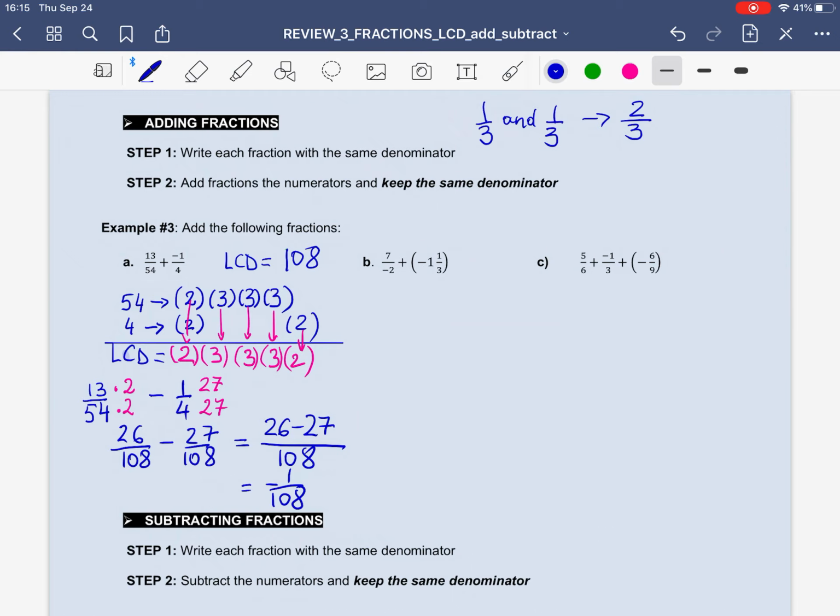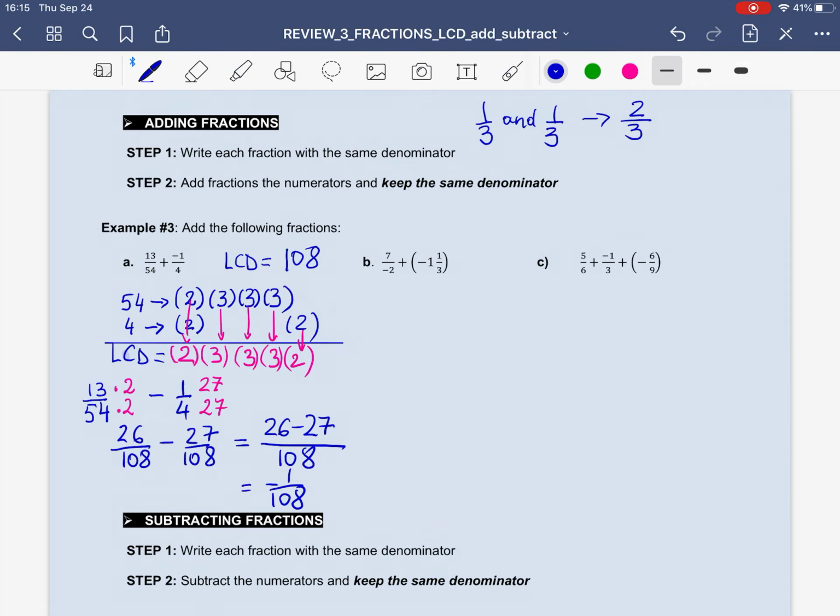Okay? So what we were practically doing here is adding the two fractions. So we say 1 over 3 and 1 over 3 will be 2 over 3. So a third and a third equals 2/3.